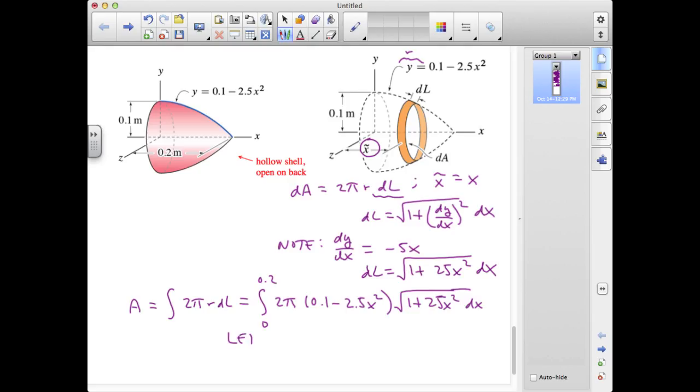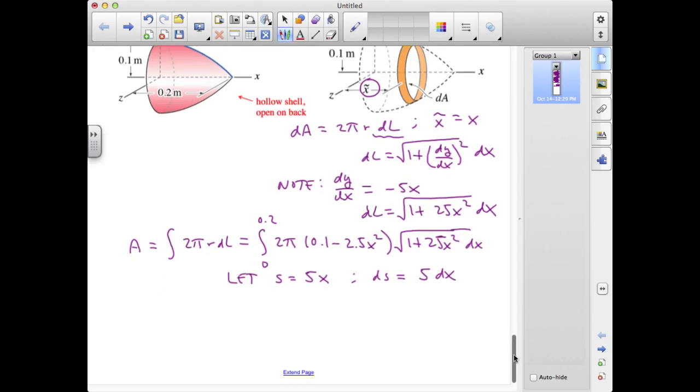I'm going to make a substitution here. I'm going to let s equal 5x. And so then ds is equal to 5 dx. And so if I then rearrange the individual terms in this integral, you'll note that if we go from x equals 0 to 0.2, that corresponds to an integral of s from 0 to 1.